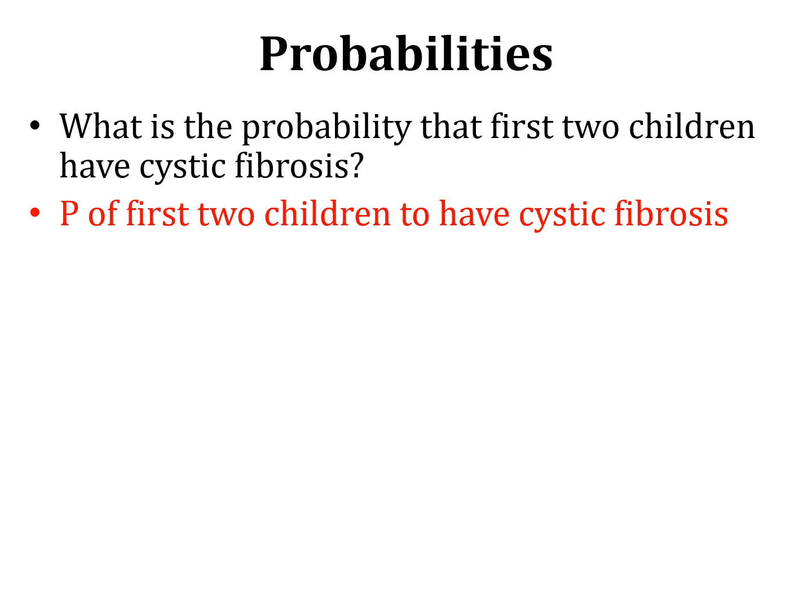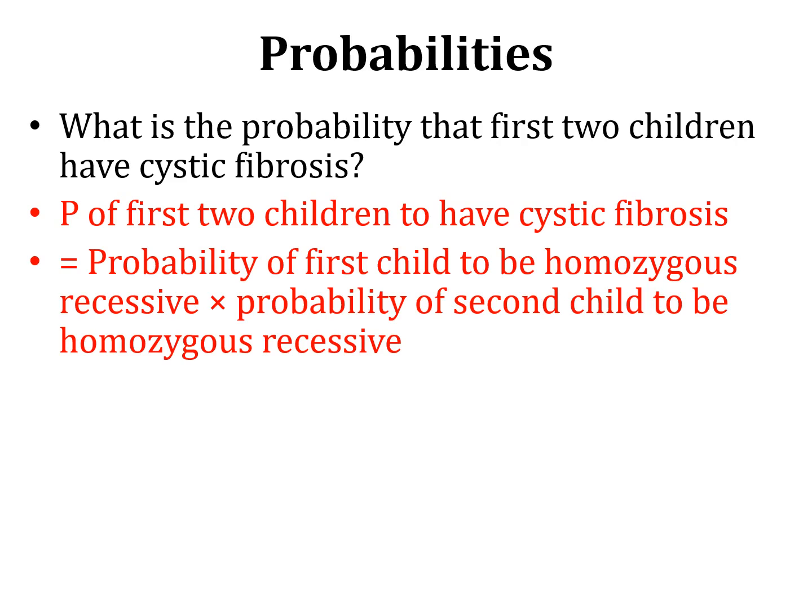So what should we do here in case of compound probability? We put down the probability of the first two children having cystic fibrosis as the probability of the first child being homozygous recessive multiplied by the probability of the second child being homozygous recessive. Persons who suffer from cystic fibrosis must be homozygous for the autosomal recessive allele, because this is an autosomal recessive disease.